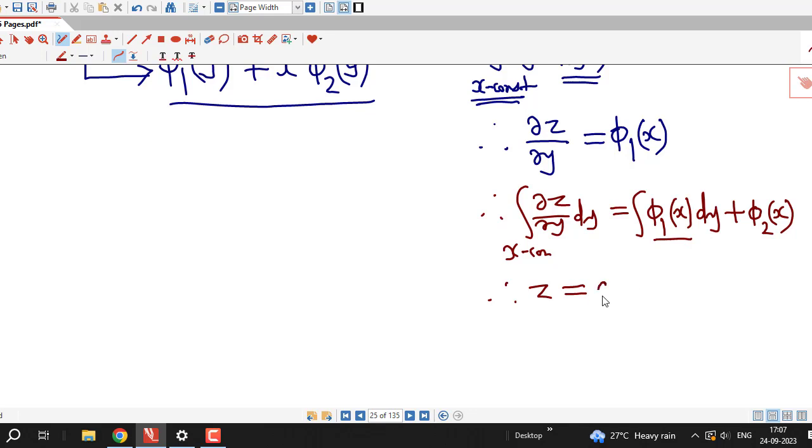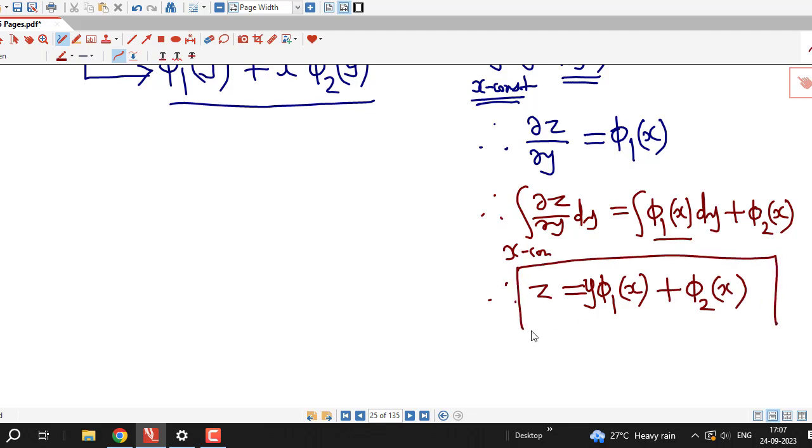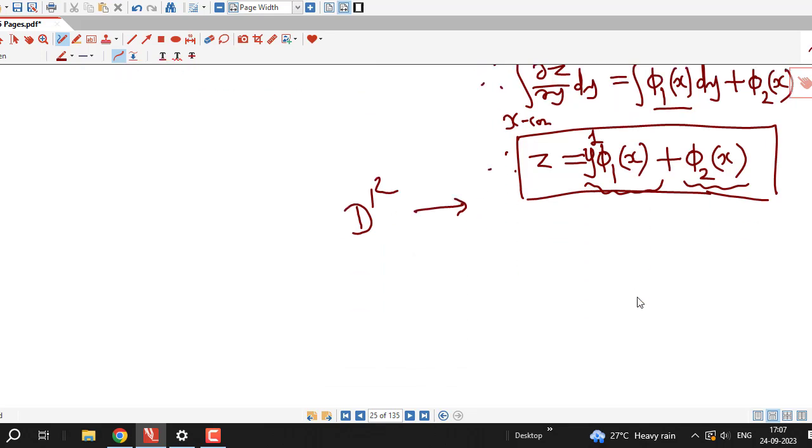Here phi 1 x is independent of y, so it is considered as constant, and the integral of dy is y, plus phi 2 x. So you can see whenever I have D' square in the product, then the part of general solution will be an arbitrary function of x plus y times another arbitrary function of x.